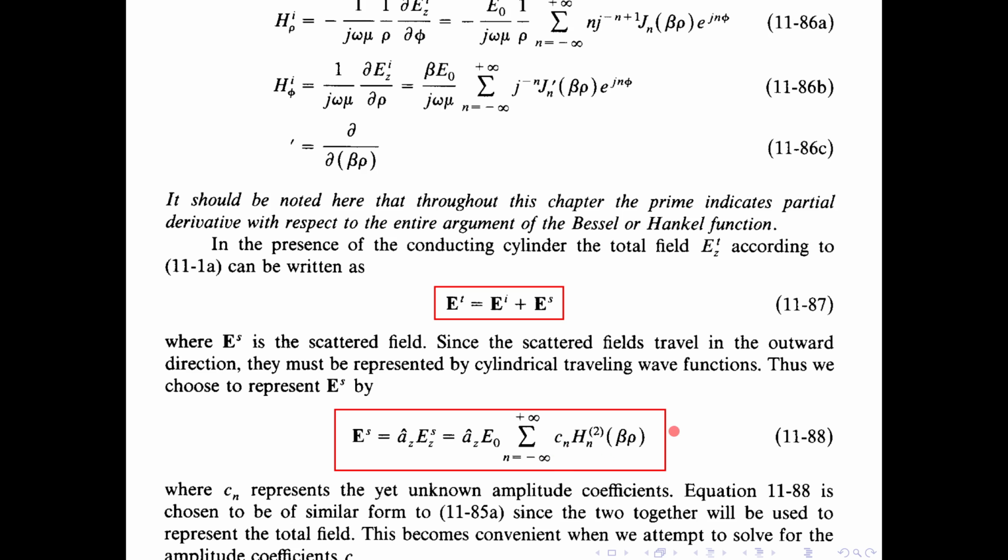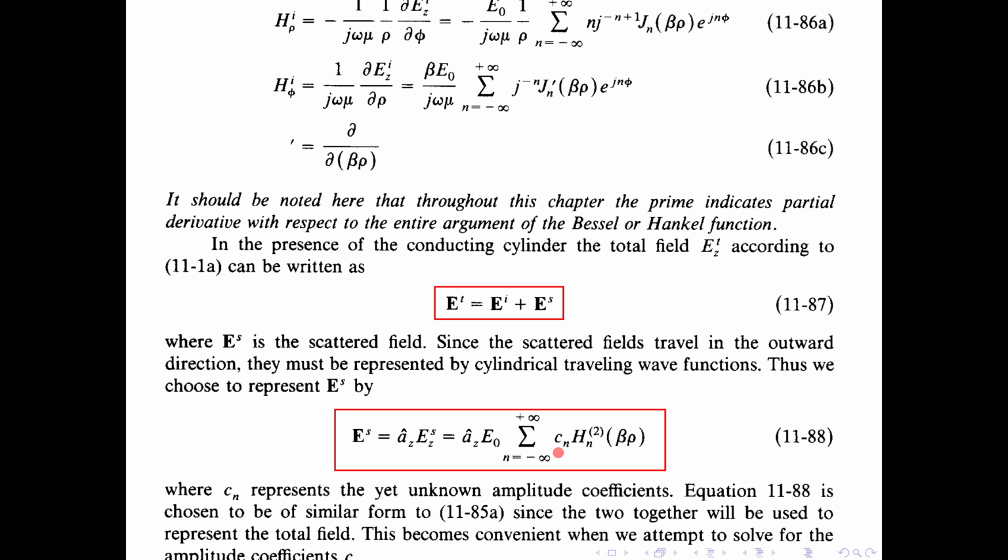So this is the cylindrical wave representation of the scattered field, where the coefficients Cn are unknown. The coefficients Cn are the weights of the cylindrical outward traveling harmonics.